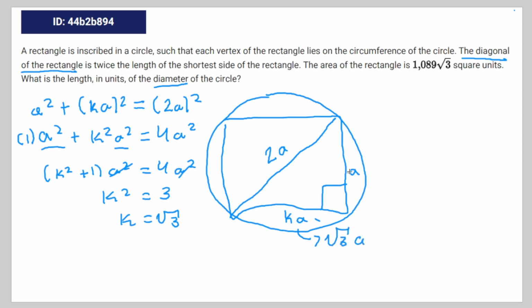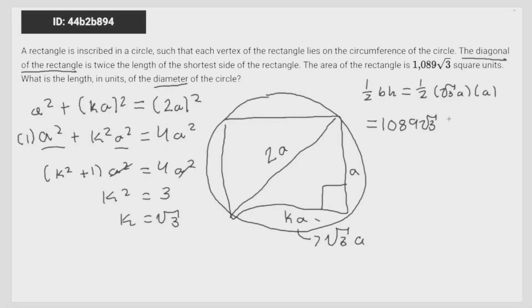So then to find what a is equal to, we're just going to use the area. The formula is going to be 1/2 base times height is equal to 1/2 the square root of 3a times a, which is equal to 1089 times the square root of 3 divided by 2, because the area of the triangle is half the given area of the rectangle.